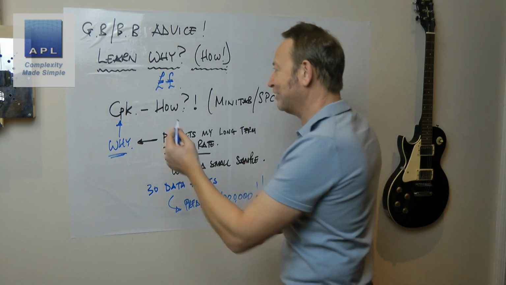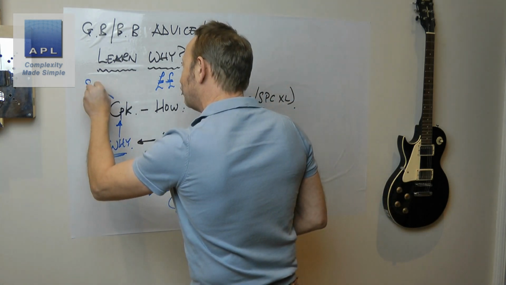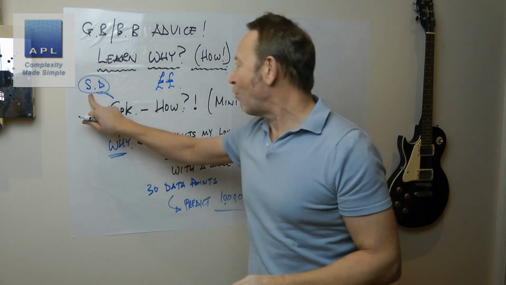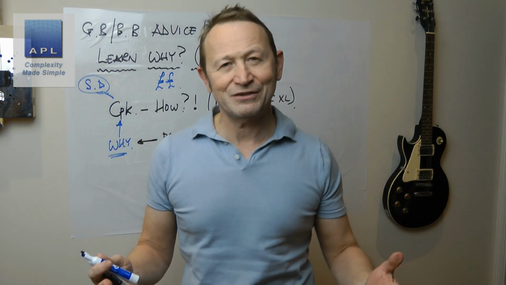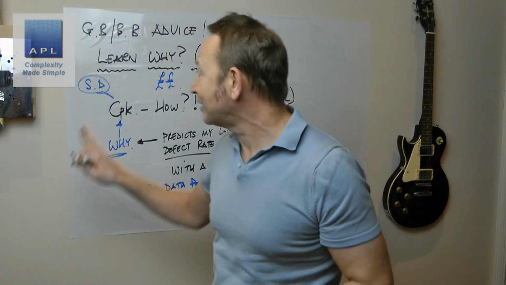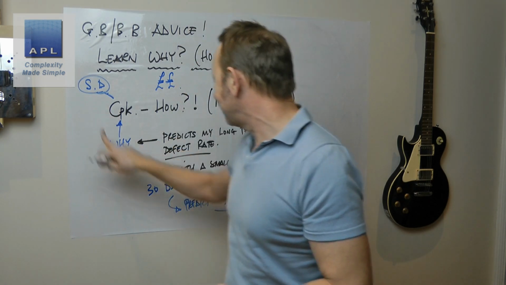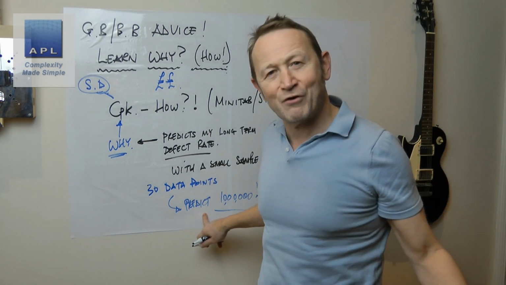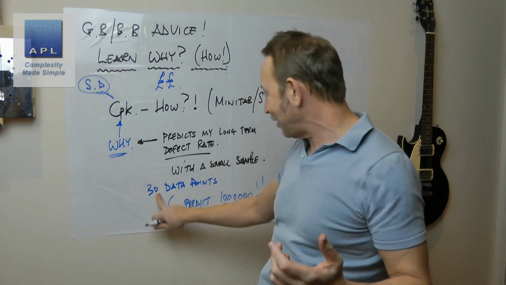By the way, it contains standard deviation. One of the things that's in there is standard deviation. Why do I want to be able to calculate standard deviation? People don't understand what it means to calculate standard deviation. What does it allow you to do? Standard deviation allows you to predict tomorrow with relatively small samples.